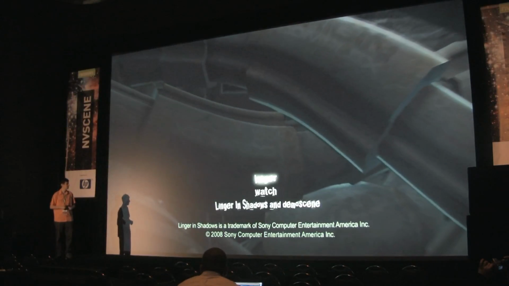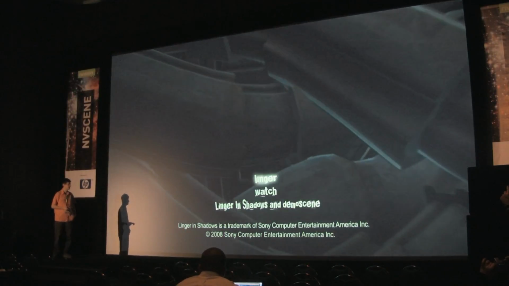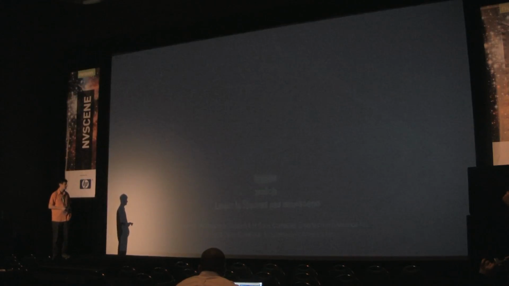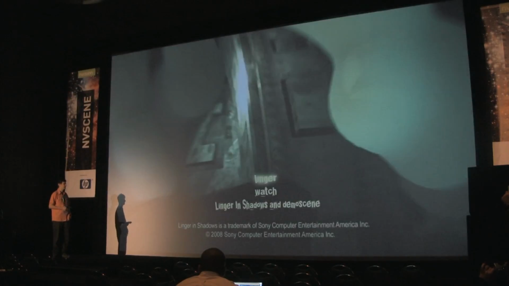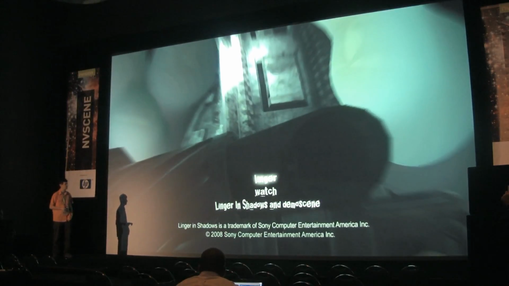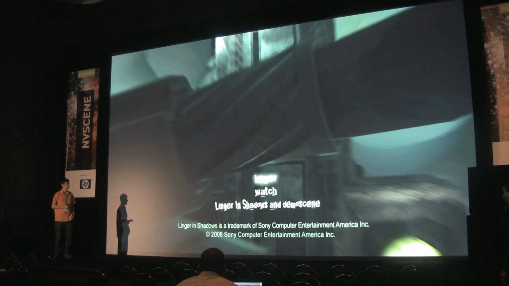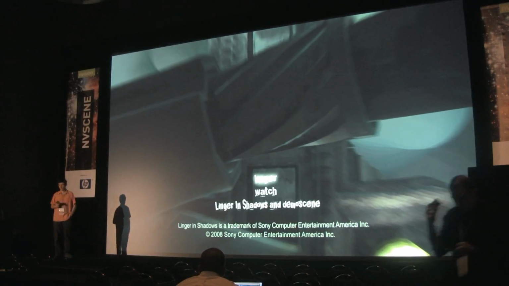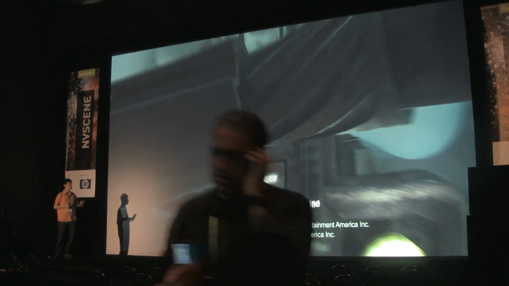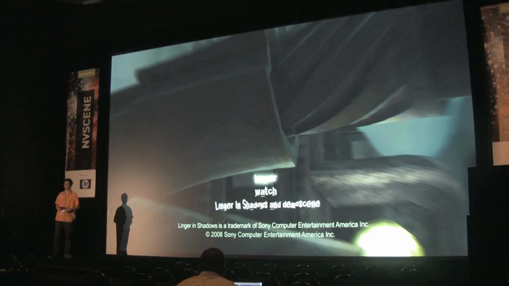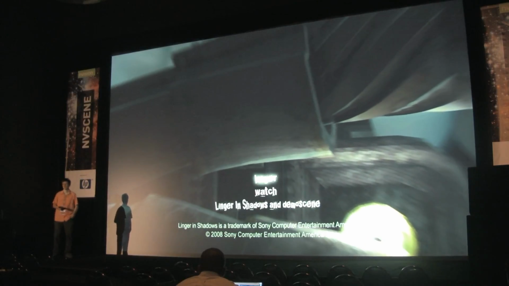Let's start. Okay, this is the main menu. It contains only 3 items: Linger, Watch, and the description of Linger In Shadows and the demos. There are 2 modes. Linger is an interactive mode, and Watch is non-interactive.